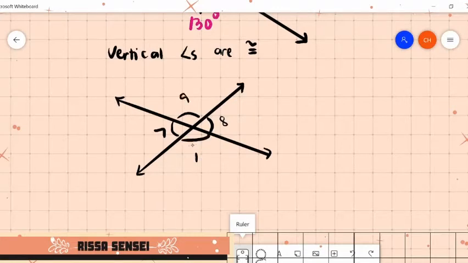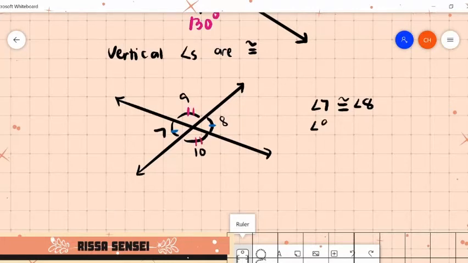Okay. Can you give me the congruent angles? So, ano kaya magka-congruent yan? Okay, very good. So angle 7 is congruent to angle 8 because they are vertical angles. And of course, yung isang pang pair ay angle 9 and angle 10.